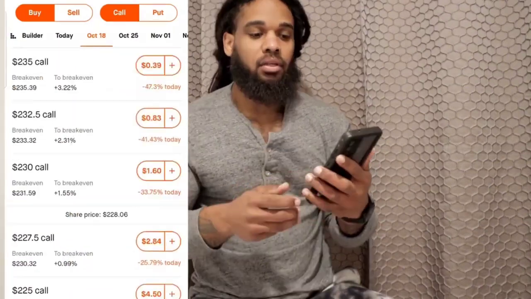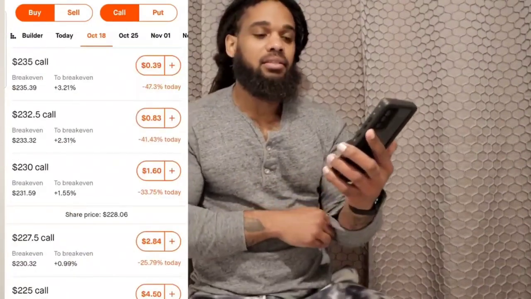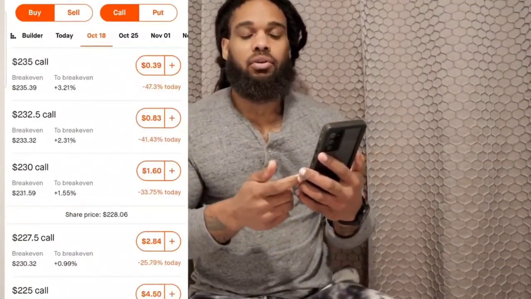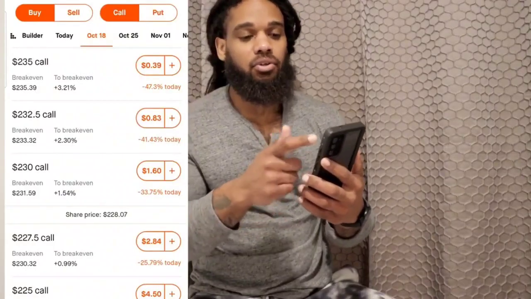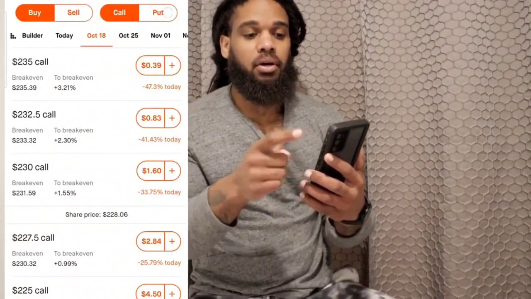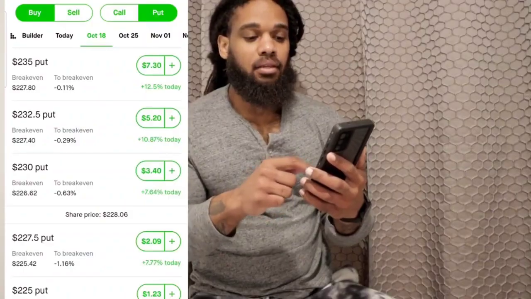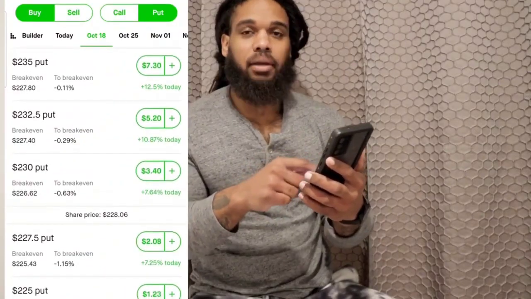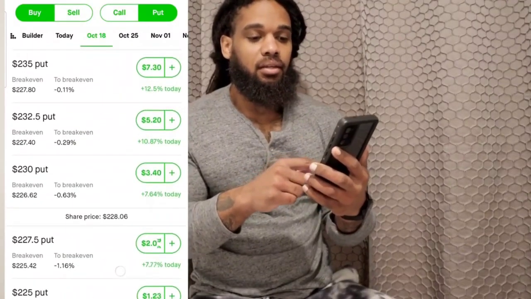Now if you're betting that the stock is going to go down, you're going to press the put button over here, and then you're going to see the different strike prices here.